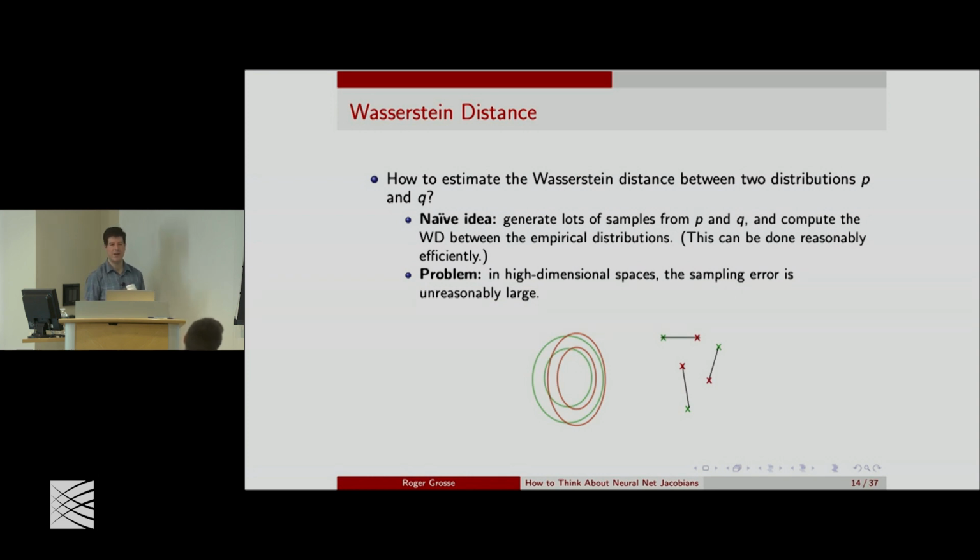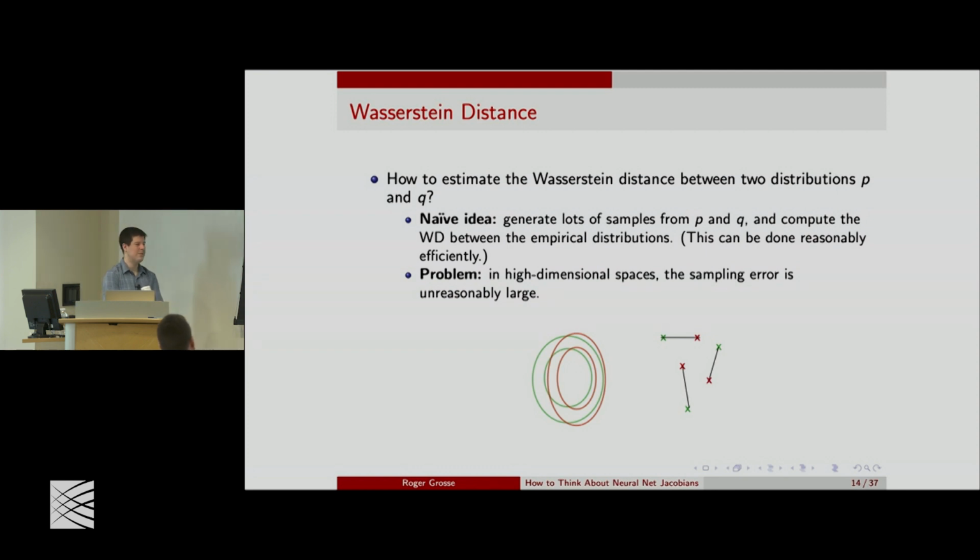And if they're different sizes, there are some nice algorithms for doing that. There's a Sinkhorn algorithm that can find it fairly efficiently. So it's not a computational obstacle, it's a statistical obstacle.